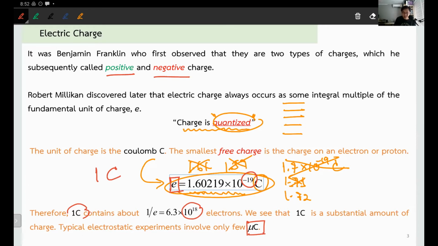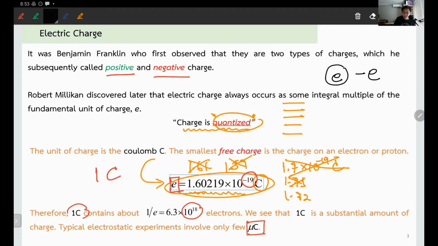All right, so this E is representing a number, and this number is the size of the charge on an electron. But just to be clear, because the electron has a negative charge, every time you look at an electron, you have to say that it has a charge of negative E, because E is just a number.